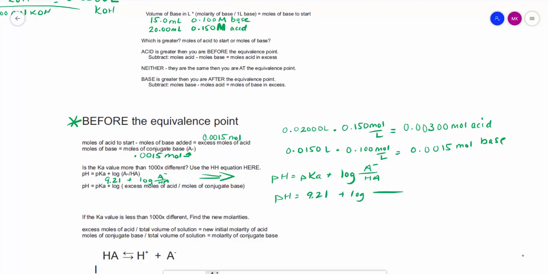We can use moles in the Henderson-Hasselbalch equation. The moles of A minus is 0.0015, equivalent to the number of moles of strong base, because that's the limiting reactant in this problem. And the moles of HA, the excess left over, is 0.0015 as well. Now the log of 1, which this ratio is equal to, is 0. So pH is equal to the pKa, 9.21, at the half equivalence point.